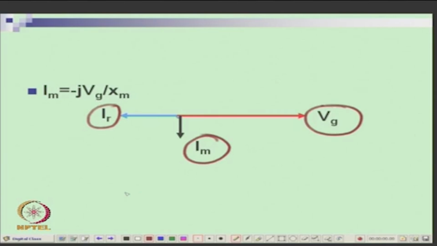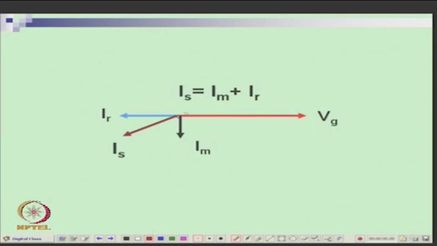Vg is our air gap voltage, and it will draw a current Im for magnetizing. This Im produces Vg, is it not? And this is the IR which is due to negative slip.